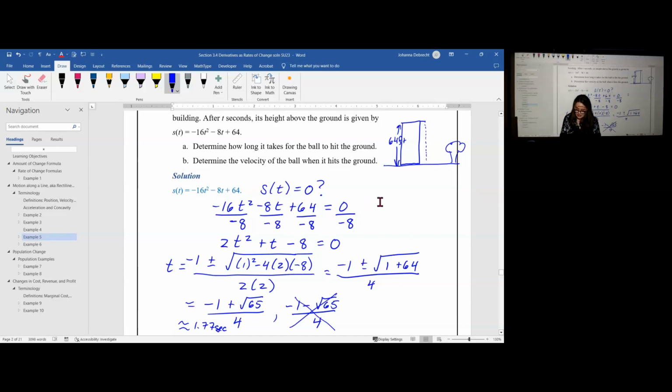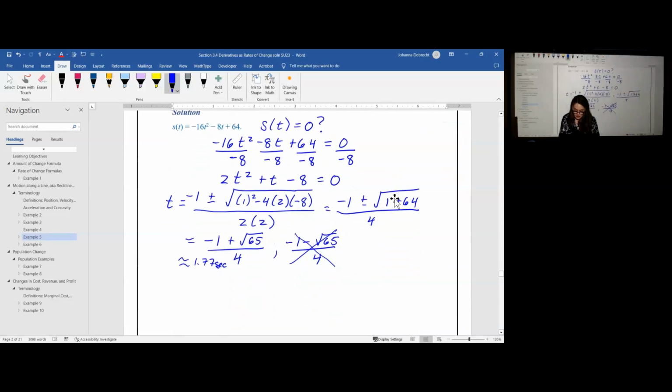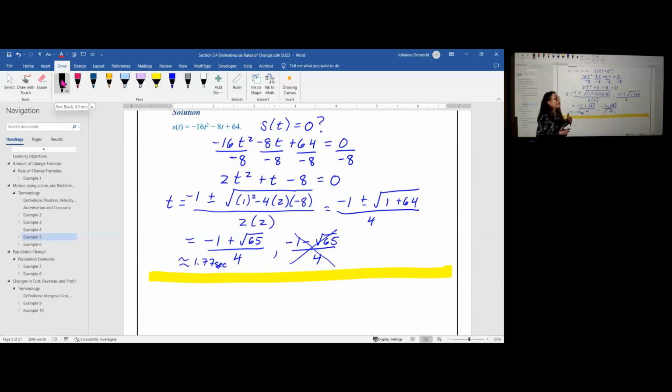We now know it takes that long for the ball to hit the ground. We want the velocity when it hits the ground. In order to find the velocity, the next part involves taking the derivative. When we take the derivative, we get the velocity function. I want to know what the velocity is at -1 plus square root 65 divided by 4 seconds.